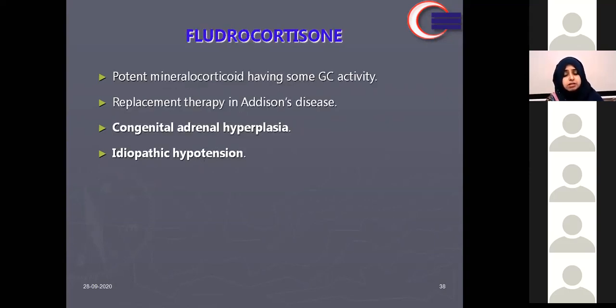It has mineralocorticoid activity, so it is a potent mineralocorticoid having some glucocorticoid activity. That's why when we were talking about the treatment of Addison disease, we saw that fludrocortisone along with hydrocortisone can be given. And again, it can be given in congenital adrenal hyperplasia and idiopathic hyperplasia.